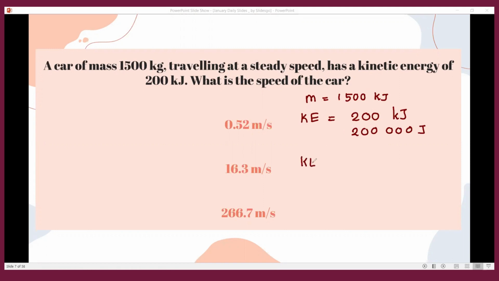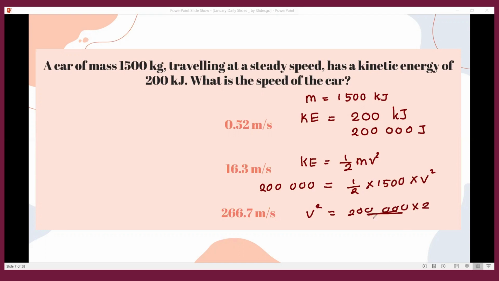Kinetic energy is simply half mv squared. This time we have got this amount here, and half is here, mass is here, so v squared will be this amount times 2 divided by 1500. Here the answer becomes 266.66.